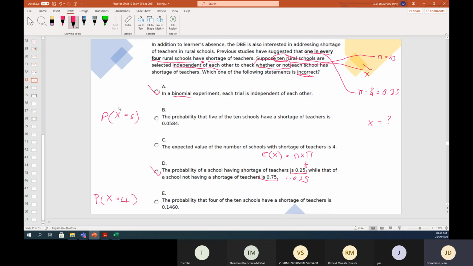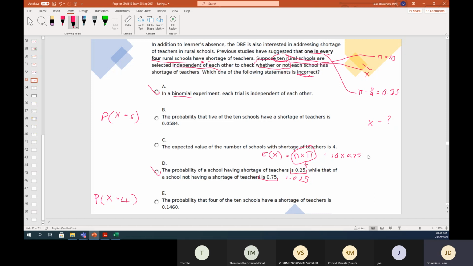Okay, so before we go to the table to look at that, here's one that I thought we can also just work out before we even need to go to the table. We know n is 10. We know that pi is 0.25.